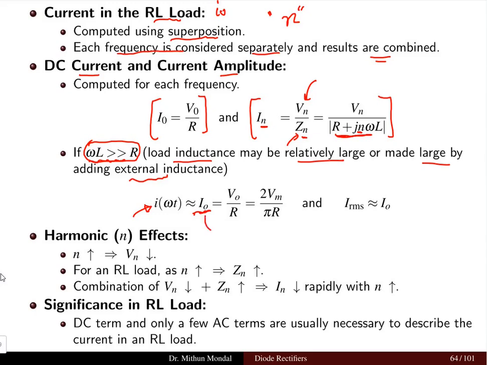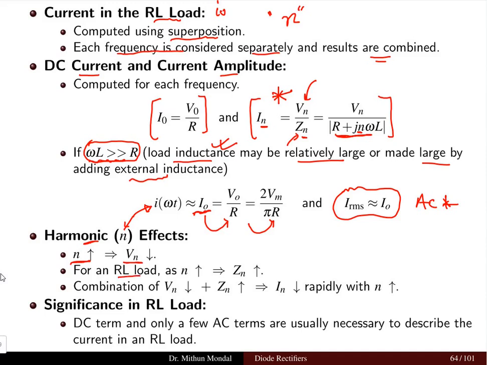And this average current is again V0 by R, which is equal to 2 Vm by pi R. So we can neglect the harmonic components when the inductance value is quite large. The RMS current is also approximately equal to the average current because you don't have any AC component present in the circuit. What do we say about the harmonics with order n? If the order of the harmonics increases, then the voltage decreases.